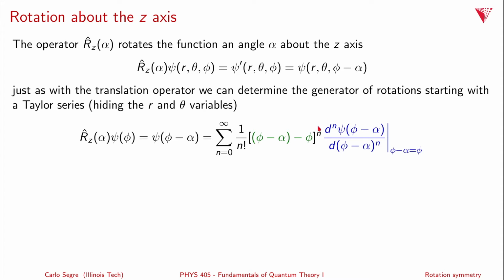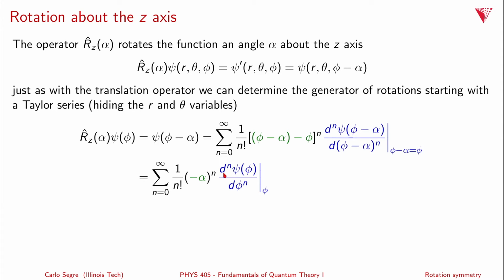Well, we can take this term here in blue and the term in green and simplify them. And so we get the sum of n equals 0 to infinity, 1 over n factorial, minus alpha to the nth power, because that's all that's left when you add together these terms. And then over here you have a replacement of variables of phi minus alpha. We just replace it with phi because we're evaluating it at phi anyway.